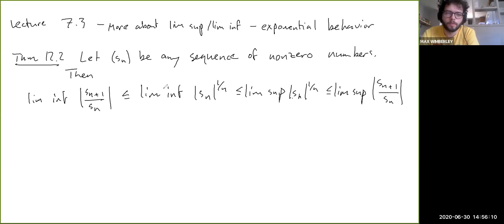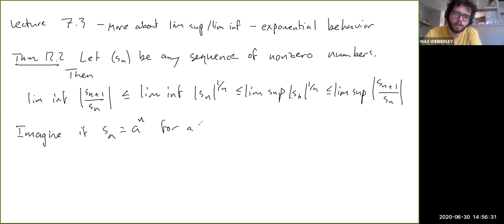Well, first of all, I want you to imagine what these things represent when the sequence Sn equals a to the n for some non-zero real number a. Then Sn+1 over Sn is the absolute value of a for every n.